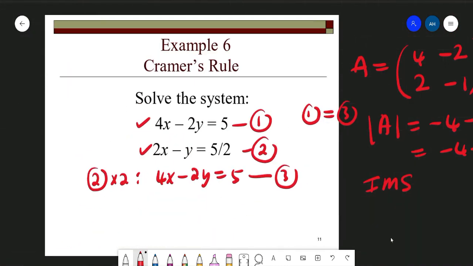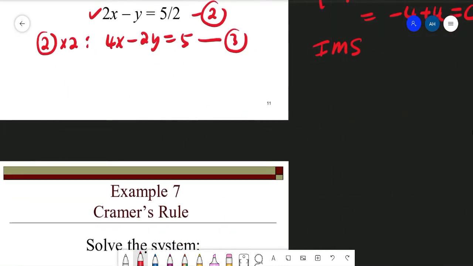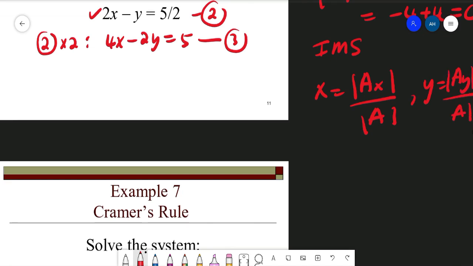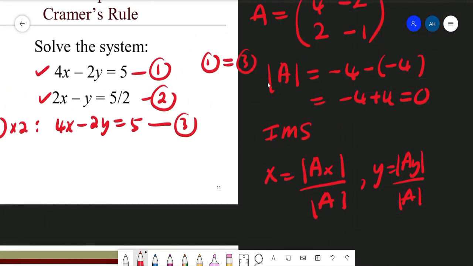Remember how to find x, right? To find x, what we have to do is x equal to the determinant of Ax divided by the determinant of A, right? The same thing for y is equal to the determinant of Ay divided by the determinant of A also. But in this case, the determinant of A is equal to 0.